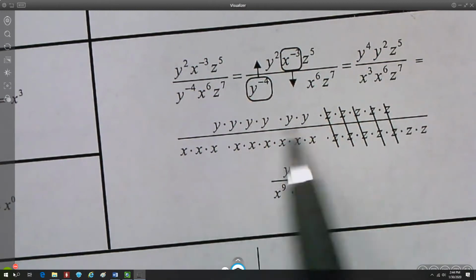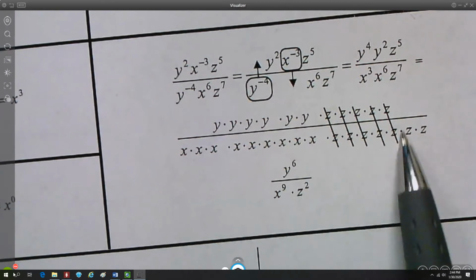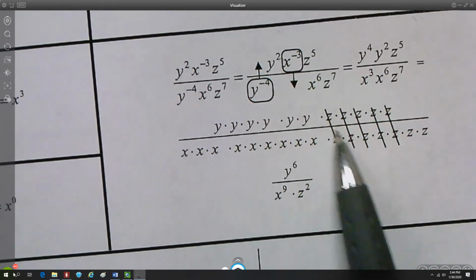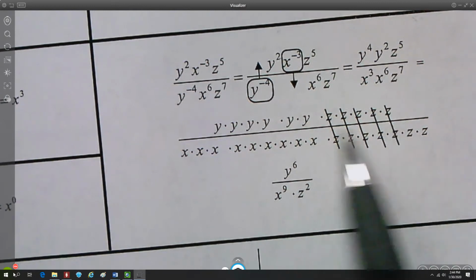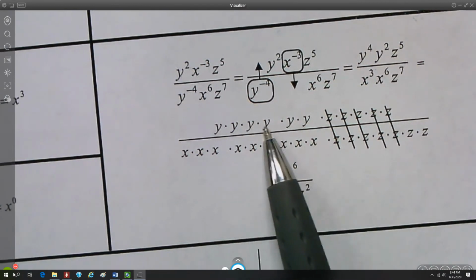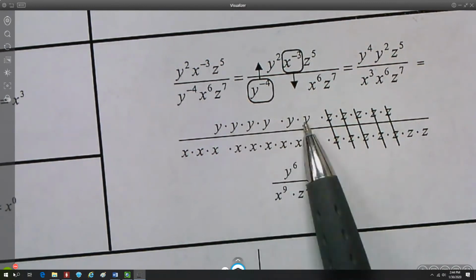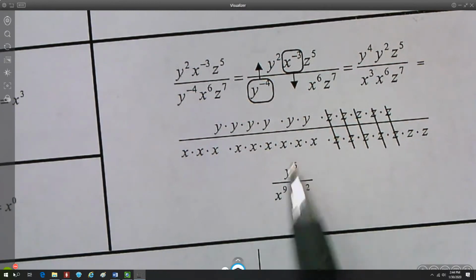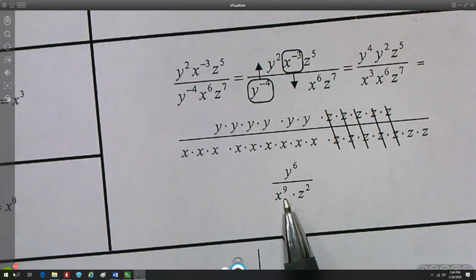They expanded it out the long way, and they canceled all the things that they could. Some of the z's canceled, and that was about all though. You've got y being multiplied together 6 times, x apparently 9 times. So you get y to the 6th over x to the 9th, z to the 2nd.